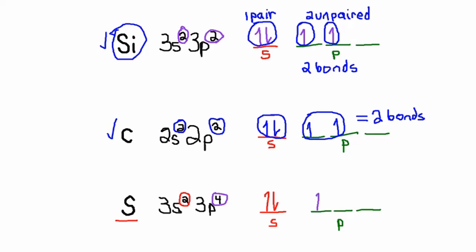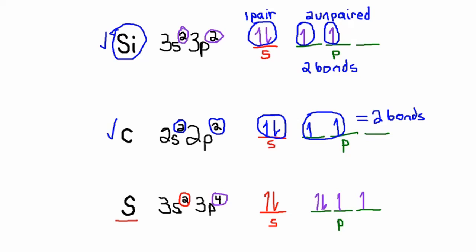So we're going to go 1, 2, 3, and then for the fourth one, we go back to the very first orbital and we put the fourth electron as the down arrow on that line.